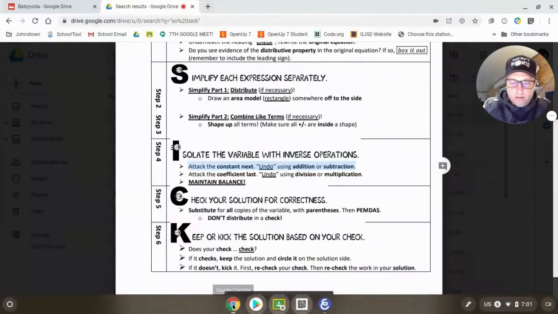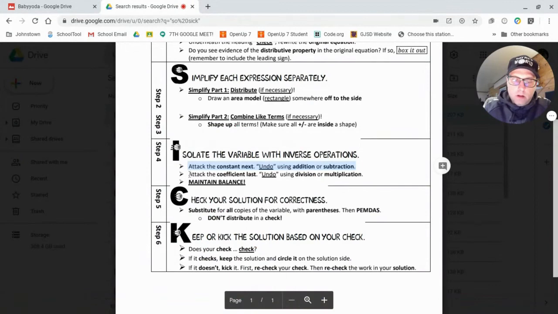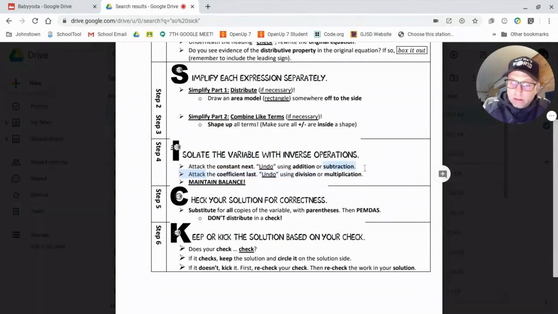Just jump back to the chart. Next, attack the coefficient last. And you're going to undo that using either division or multiplication. And then a reminder underneath, it says to maintain balance. That just simply means property of equality. Whatever you do to the left, you have to do to the right.